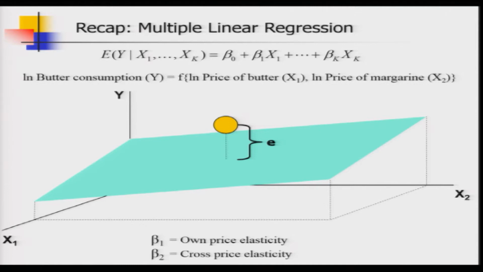We start the slide with the concept of population regression function, which is given by this expectation formula, the expected value of y given the variables x1 to xk, and that assumes a linear functional form: beta naught, the intercept term, plus beta 1 times x1, dot dot dot, beta k times xk.